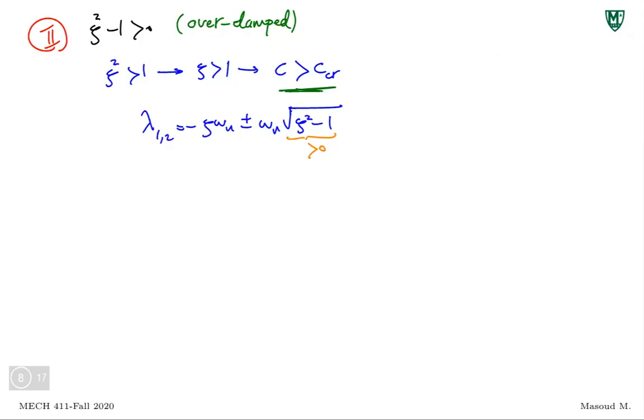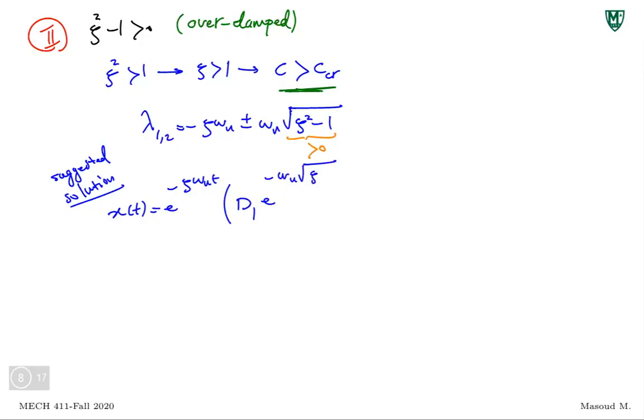Let me put it here. Suggested solution: x(t) is e to the minus zeta omega n t multiplied by D1 e to the minus omega n square root of zeta squared minus 1 t, plus D2 e to the plus, or just nothing pretty much, omega n square root of zeta squared minus 1 t.